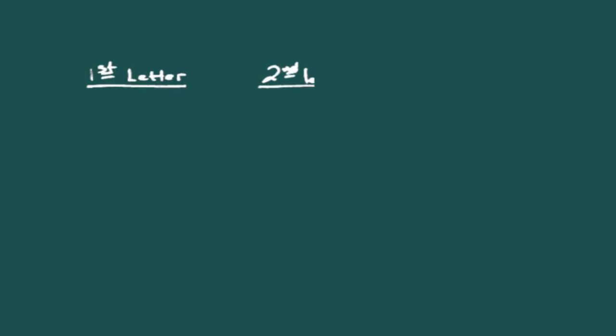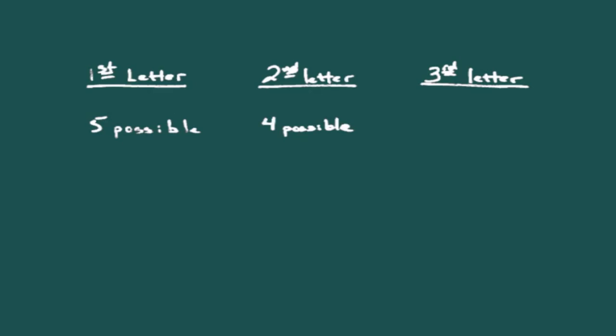If we look at our number of choices for each one, well, we had the letters A, B, C, D, and E, so we could have any of those as our first letter. So we have 5 possible choices for the first letter. Now, we're not allowed to repeat any letters, so for the second letter, we've already chosen one for the first letter, so that letter is gone, so we only have 4 possibilities for the second letter.